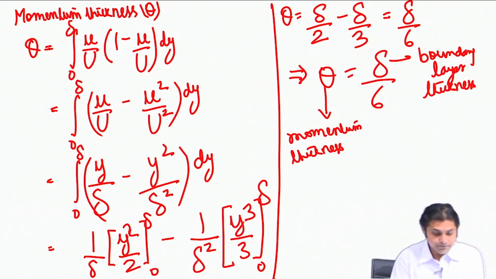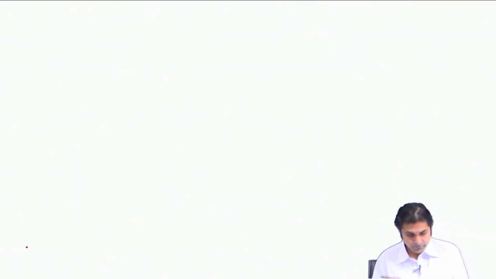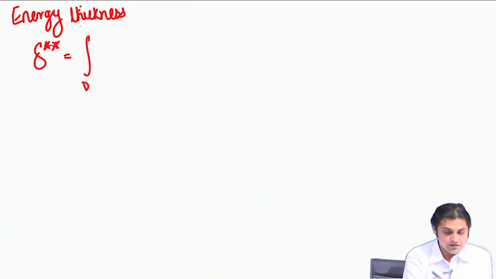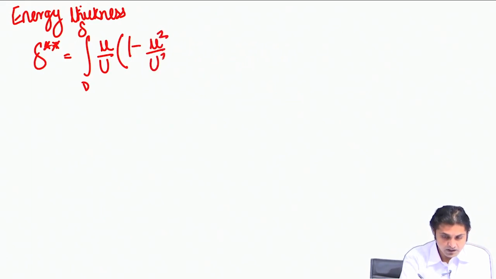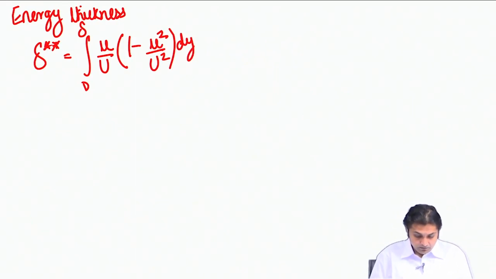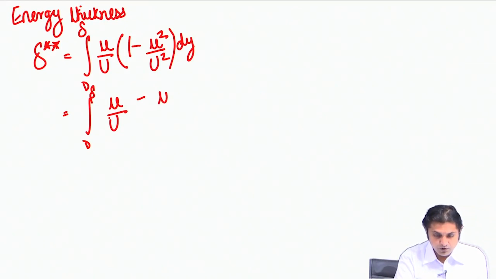Now, the energy thickness. Delta double dash, the definition is integral 0 to delta of u by capital U into 1 minus small u square by capital U square, into dy, and this is going to be the integral 0 to delta of small u by capital U minus small u cube by capital U cube, into dy.